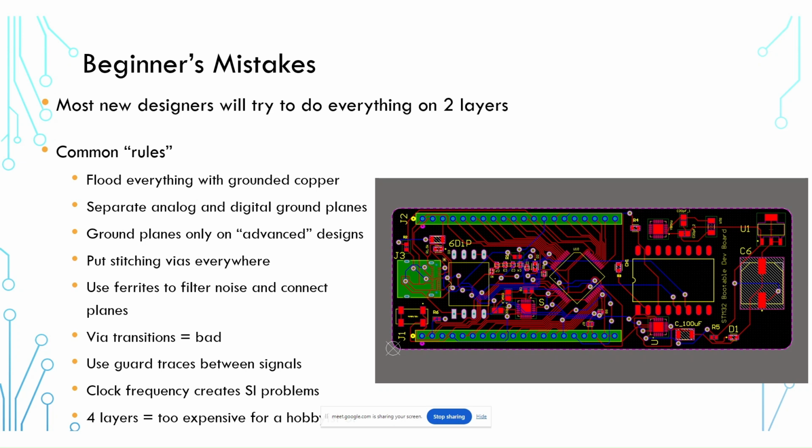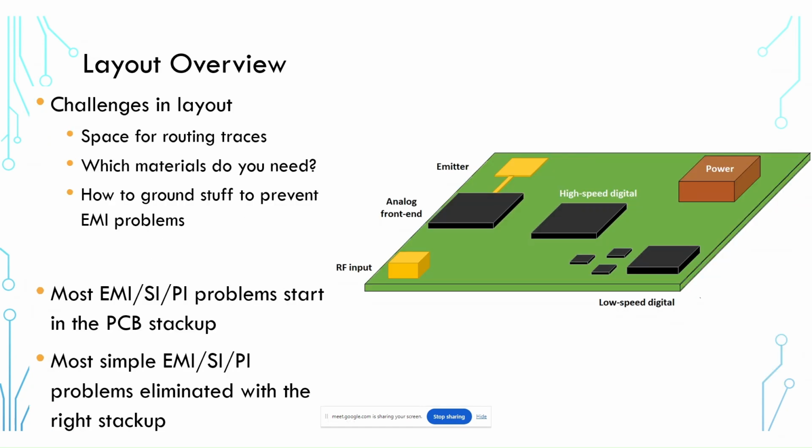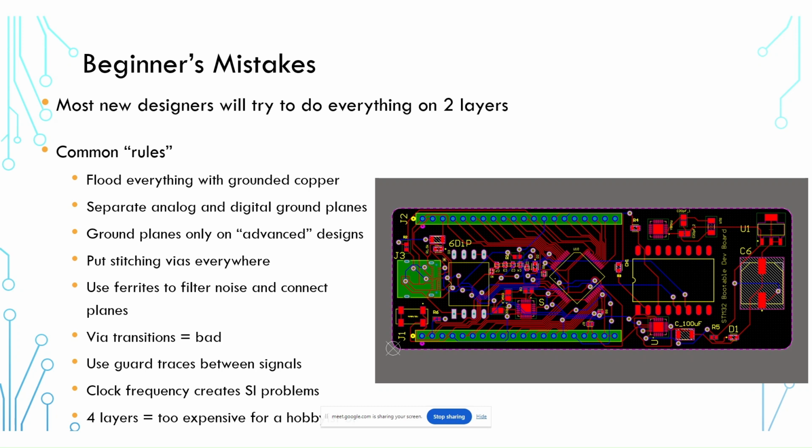The one that keeps coming up over and over again is separating analog and digital ground planes. And what I mean by separate is not separating the components into 2 different regions of the board as I show here, but rather separating analog and digital ground planes into totally different pieces of copper.